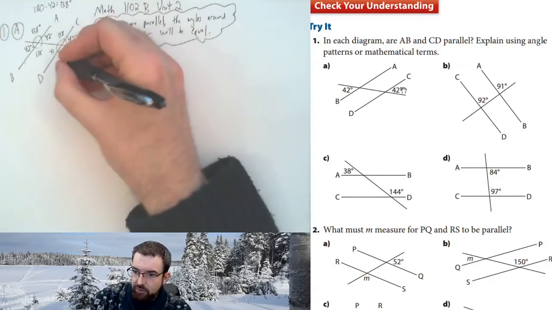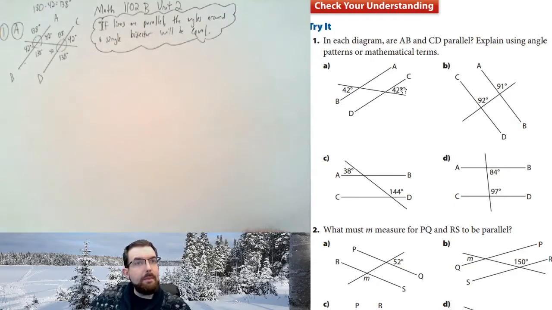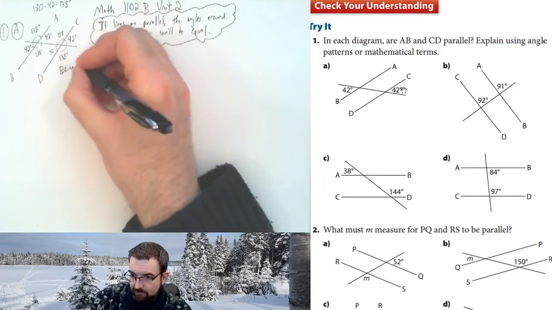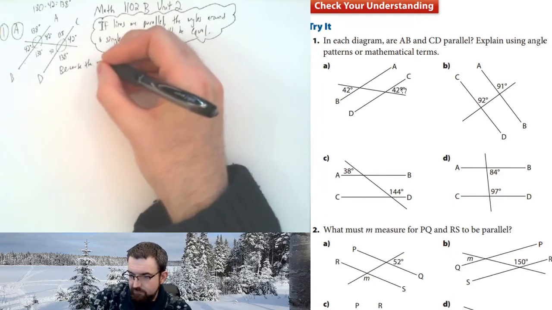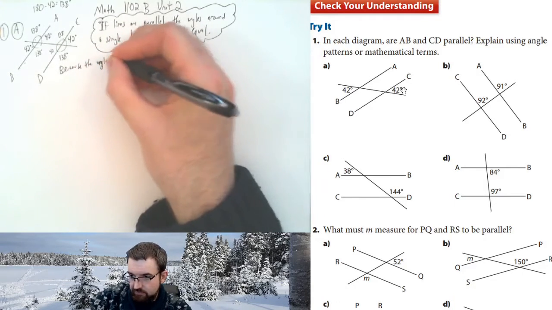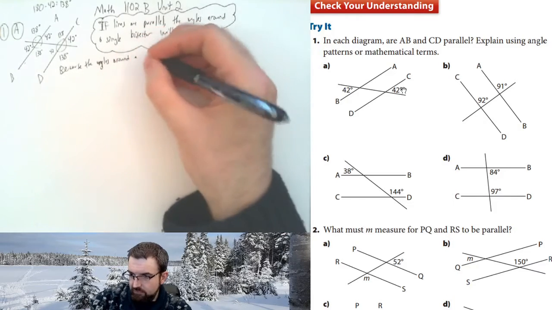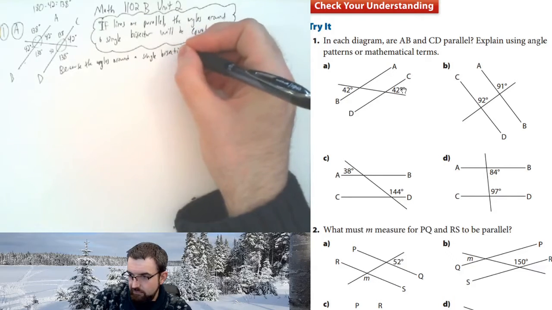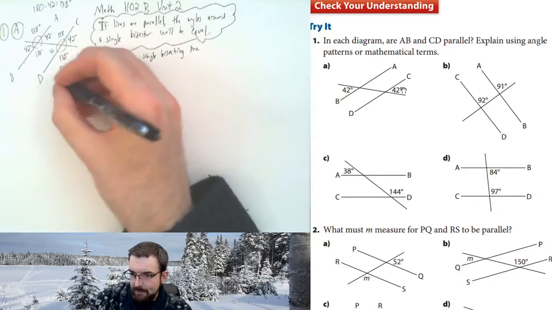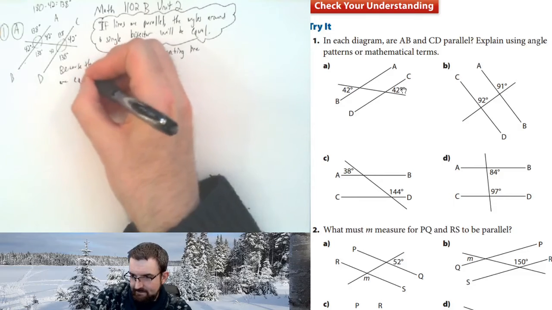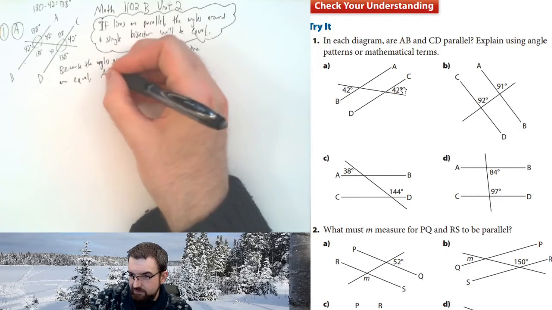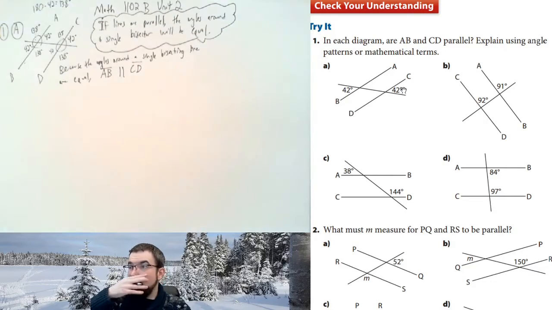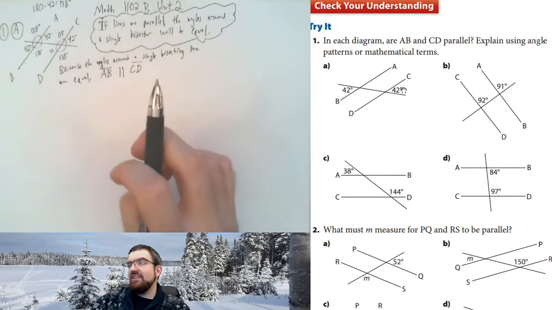And then we have this one here to be 138 as well, and then we can say here, because we add them all up to check that they equal 360.